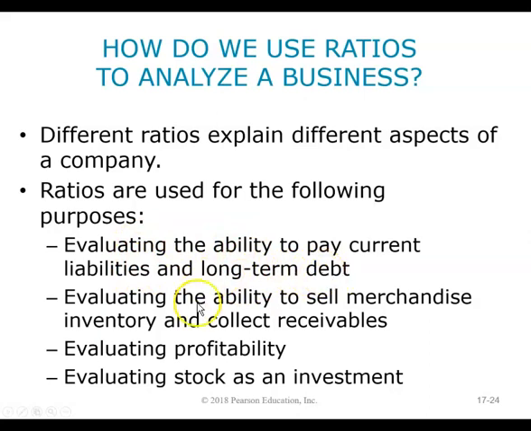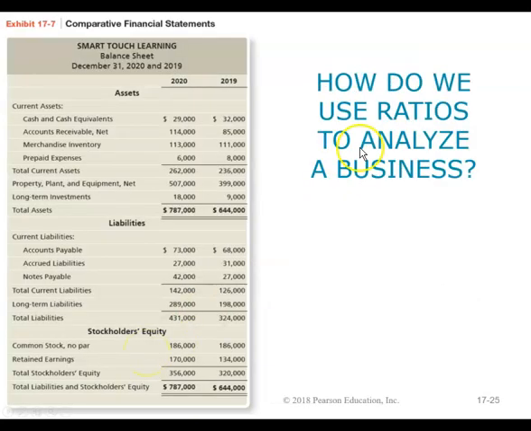It's also going to help us to evaluate the ability to sell merchandise inventory and collect receivables. We need to make sure that our merchandise is not sitting on the floor too long and becoming obsolete. And we also need to make sure that the company is collecting their receivables timely and not getting a lot of bad debts. It's going to help us to evaluate whether or not we're profitable, and it's going to evaluate the stock as an investment.